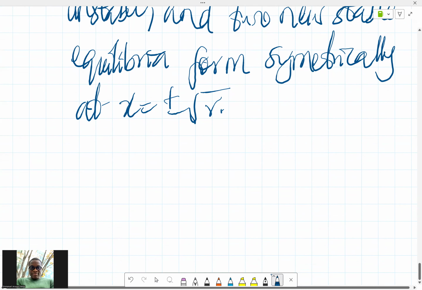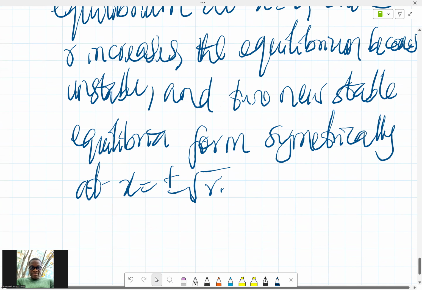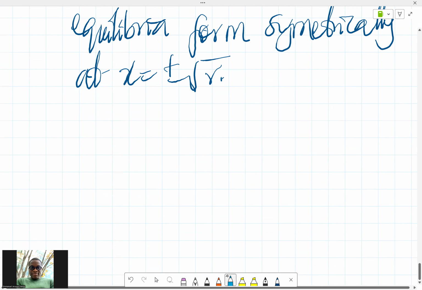So that's the supercritical pitchfork bifurcation.